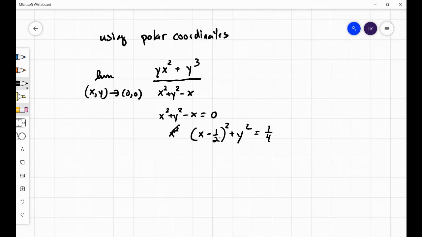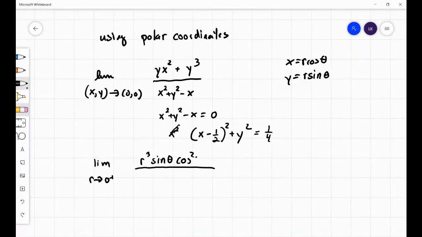So here if I try to use polar coordinates, of course we replace x with r cosine and y with r sine. So we get r cubed sine theta cosine squared theta and r cubed sine cubed on top. The denominator becomes r squared minus x, which is r cosine.